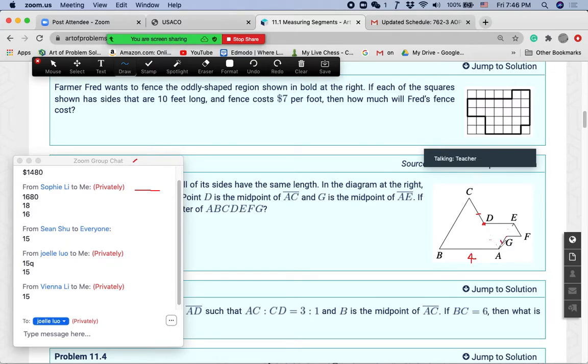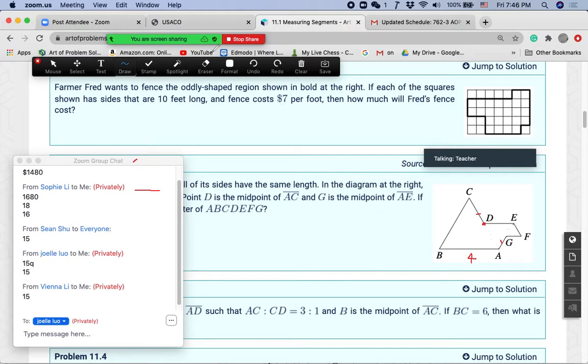Okay? Now you count the perimeter of this shape. Yeah, Julia got it correct, Sean got it correct, Vienna got it correct.